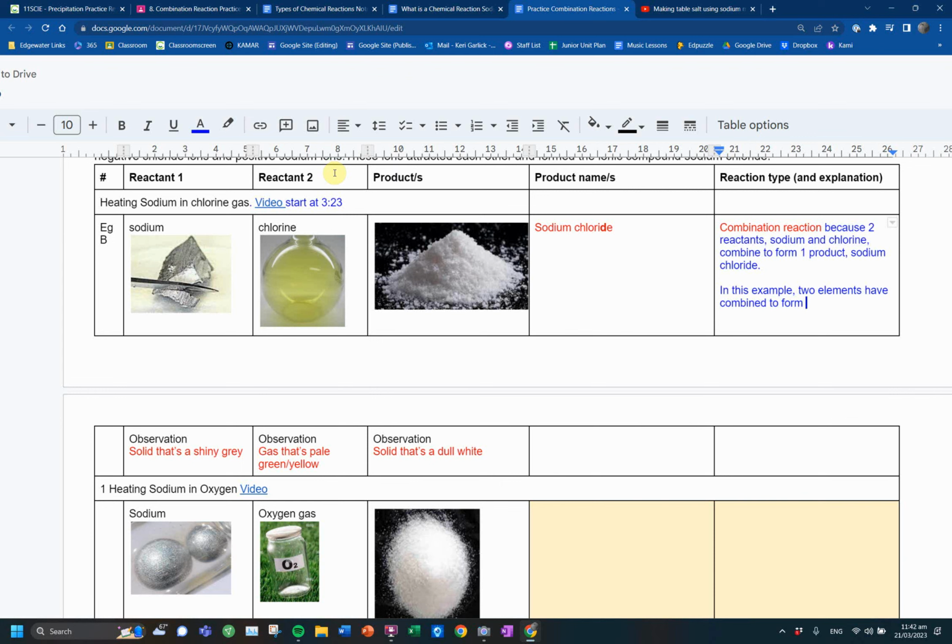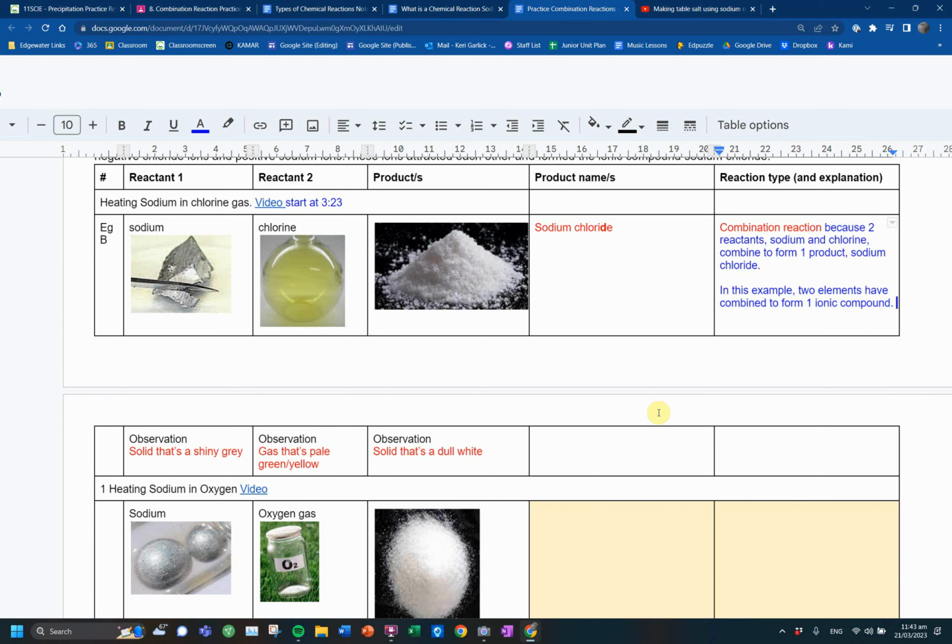What's the product? Element, compound, mixture. Compound, because they're chemically bonded together to form one ionic compound, if we are being more specific, because ionic is what that is, because you have a positive sodium ion and a negative chloride ion. Are we good so far? All right, so that is our first one.